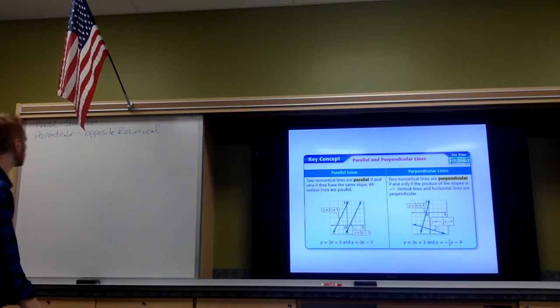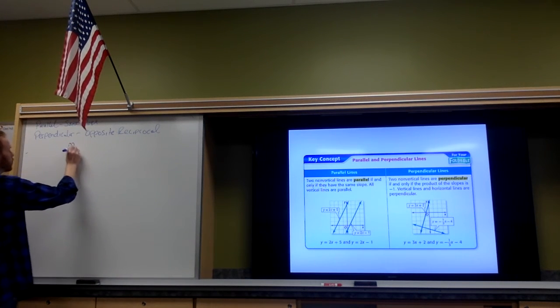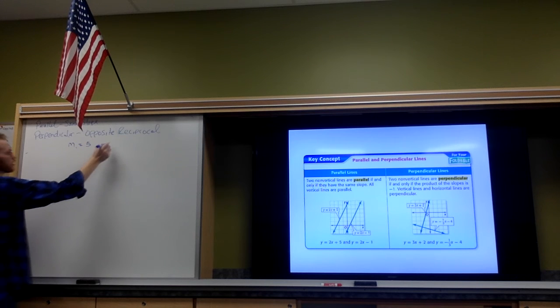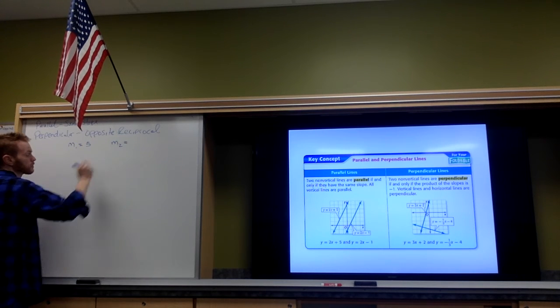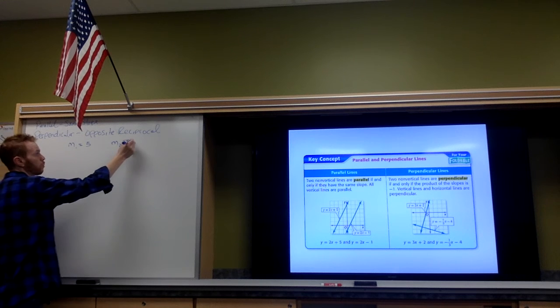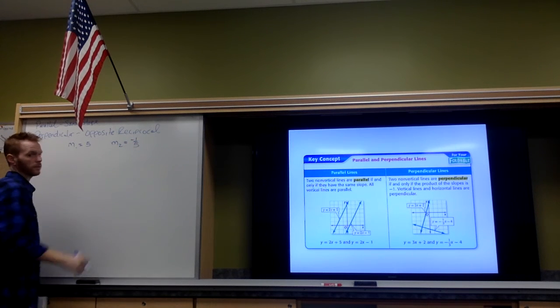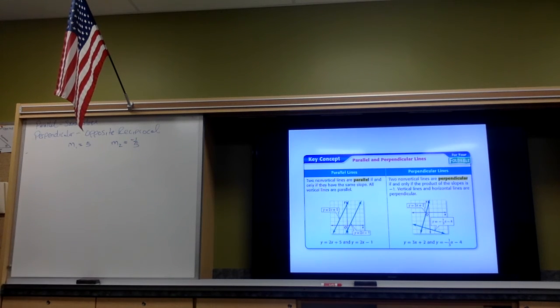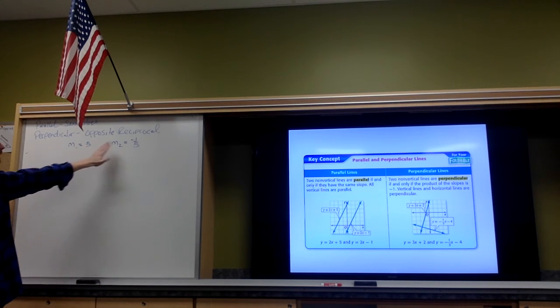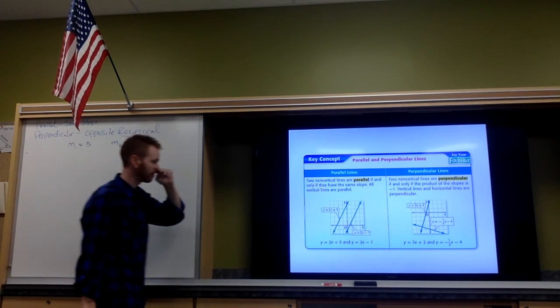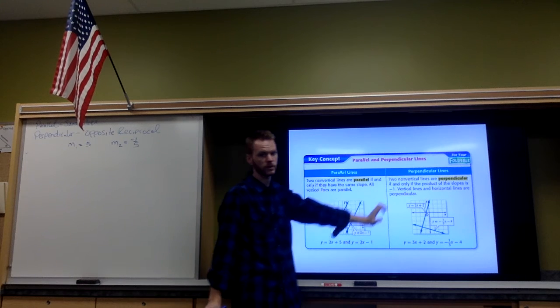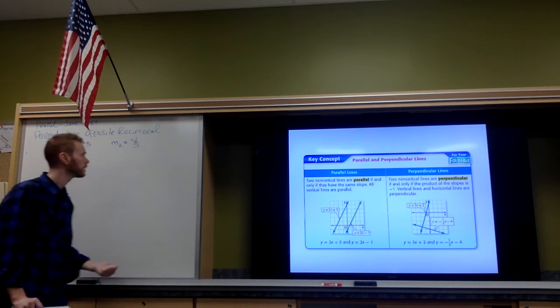What does that mean? Well, the slope for line 1 is 5. The slope for the line that's perpendicular, line 2, would be -1/5. Okay? If I multiply 5 times -1/5, I get -1. That's what this says. That's good.